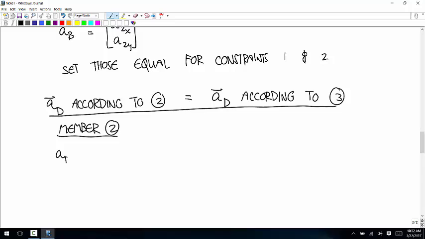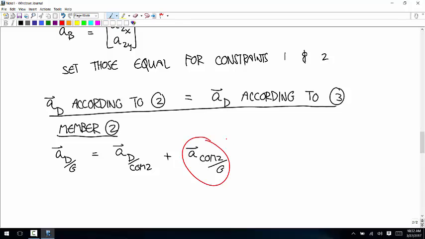The acceleration of D relative to the ground is equal to the acceleration of D relative to the center of mass of 2, plus the acceleration of the center of mass of 2 relative to the ground. This term is A2, that's one of our variables. And this is circular motion around the center of mass of 2.